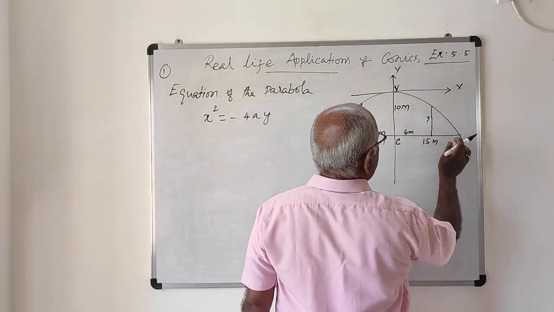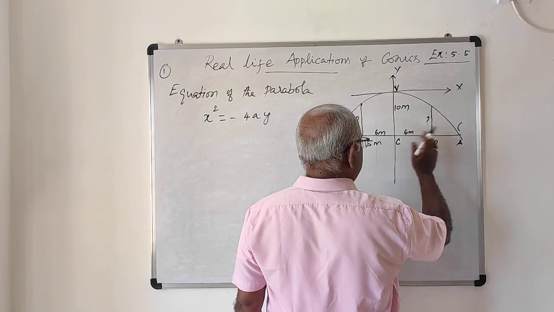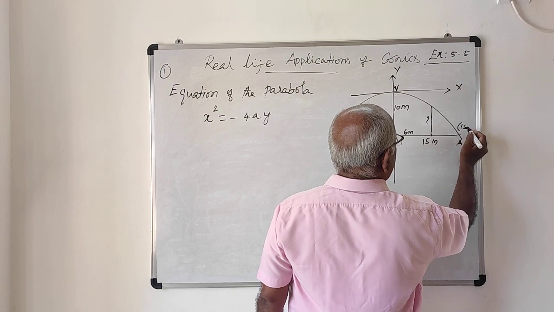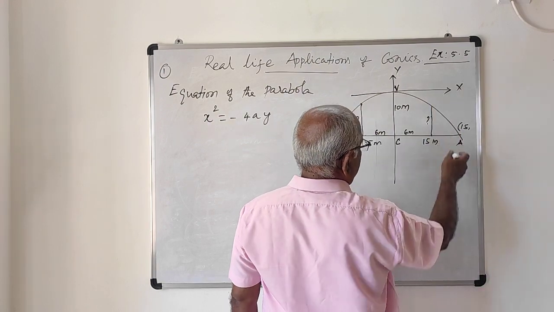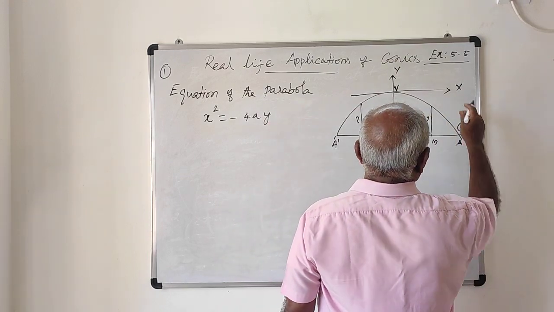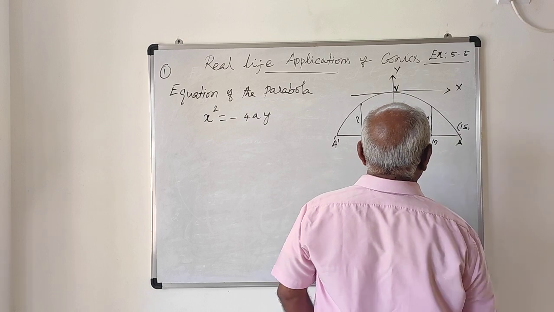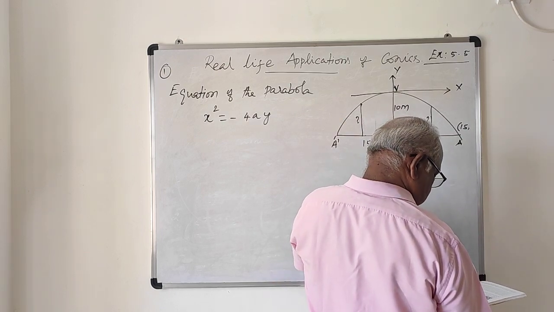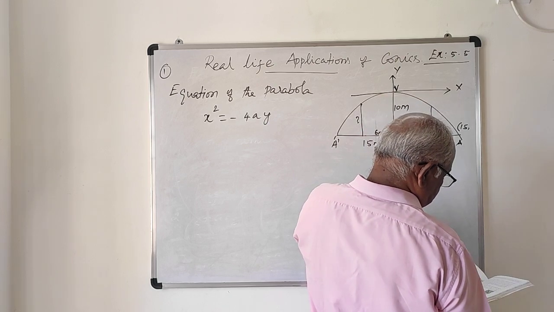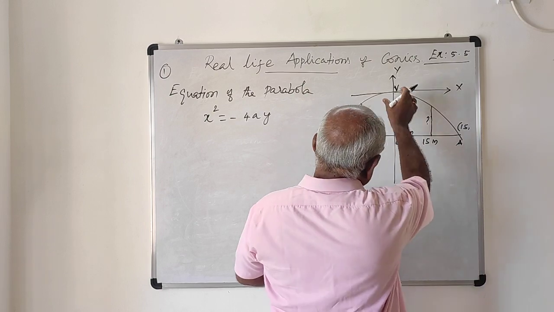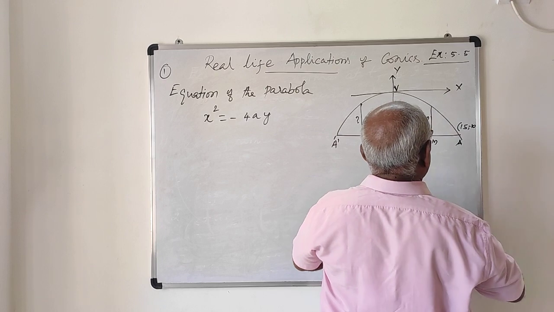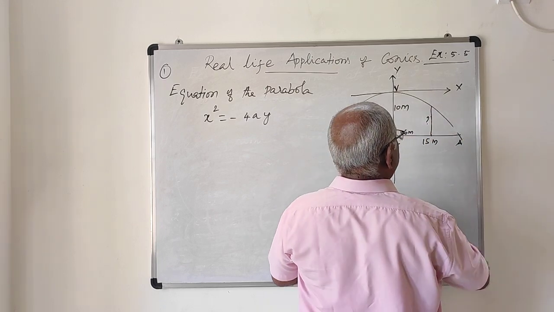The coordinate of A: the x coordinate is 15, and in the downward direction the y is 10 meter, so it is minus 10.